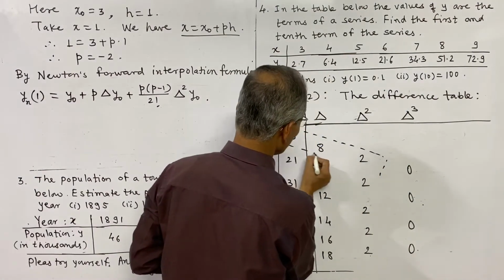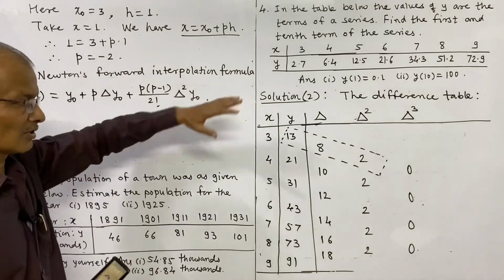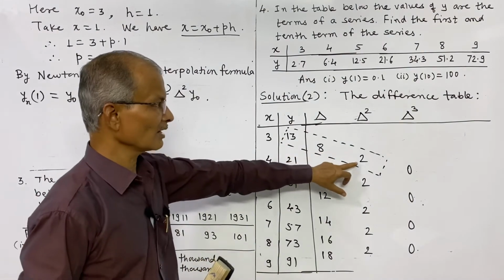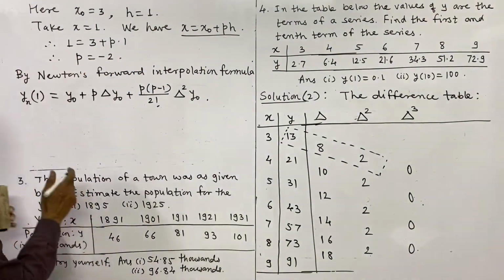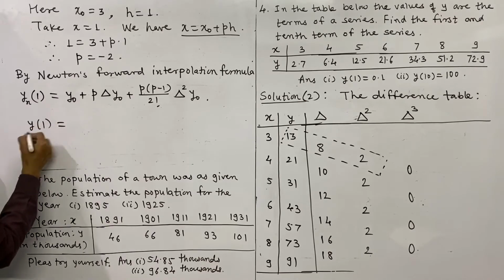The next terms onwards give 0 values, so these are the values to be used: y naught, delta y naught, and delta square y naught, and that gives yn at 1, or simply y at 1.